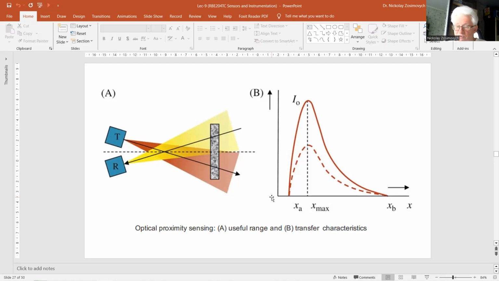So X should be between XA and XB. All considerations given for this type of linear displacement sensors hold for angular sensors too. Angular sensitivity is obtained using the direction sensitivity of the source or sensor.